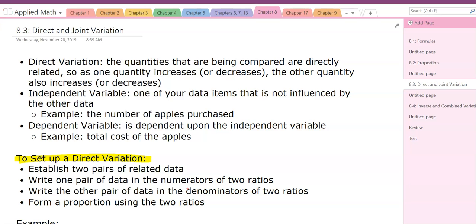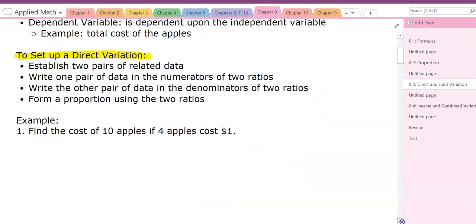So you want to put both in the top of your fractions and then write the other pair of data in the denominators. So this could be, for example, I bought this many apples for this price at this store, and then I went to another store and I saw that they were this price and I want to know how many apples I could buy for the same amount or something like that. Form a proportion, use those two ratios, cross multiply, and solve.